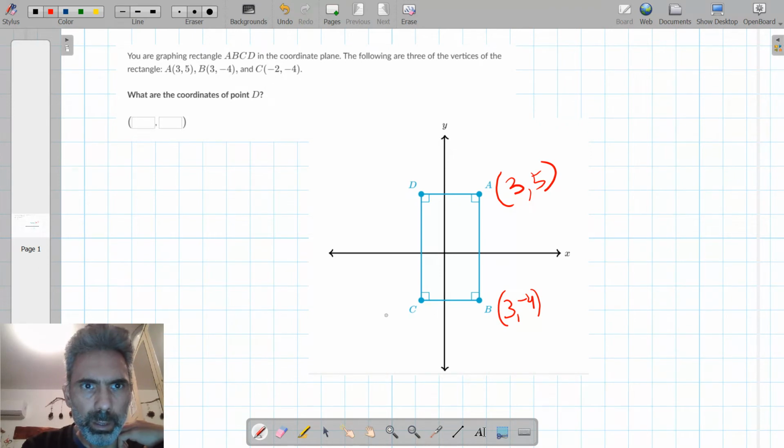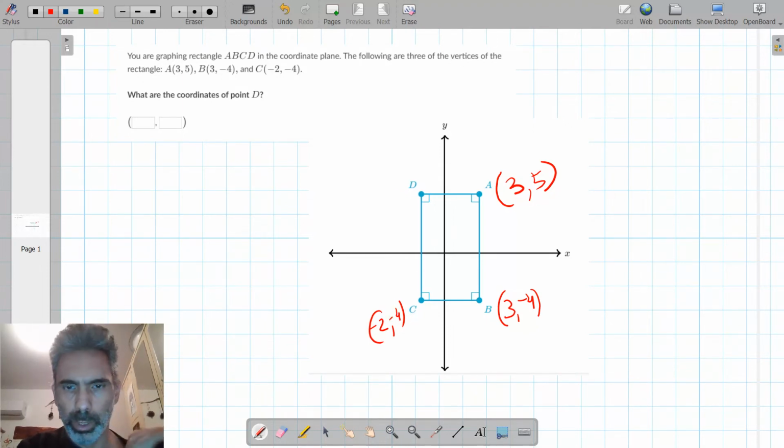Point C is -2 and -4. And point D. Okay, so point D has the same x value, same distance from the y-axis, so it has the same x value as point C, which is -2.